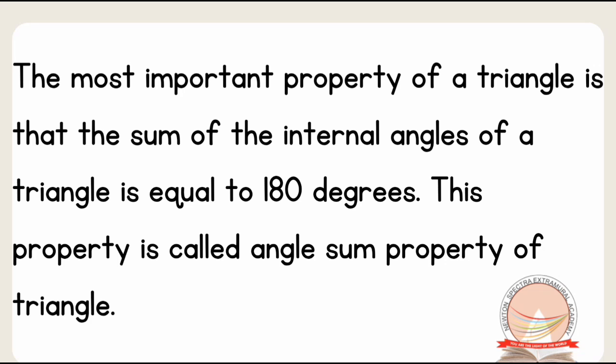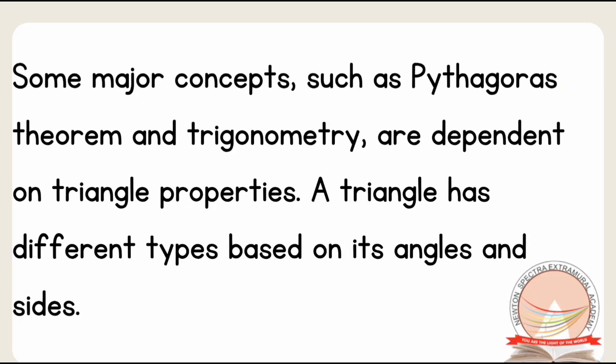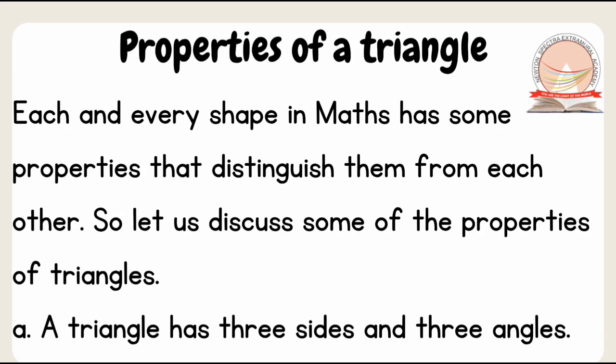This property is called the angle sum property of a triangle. Some major concepts, such as Pythagoras theorem and trigonometry, depend on triangle properties. A triangle has different types based on its angles and sides, and we're going to discuss that in this video.